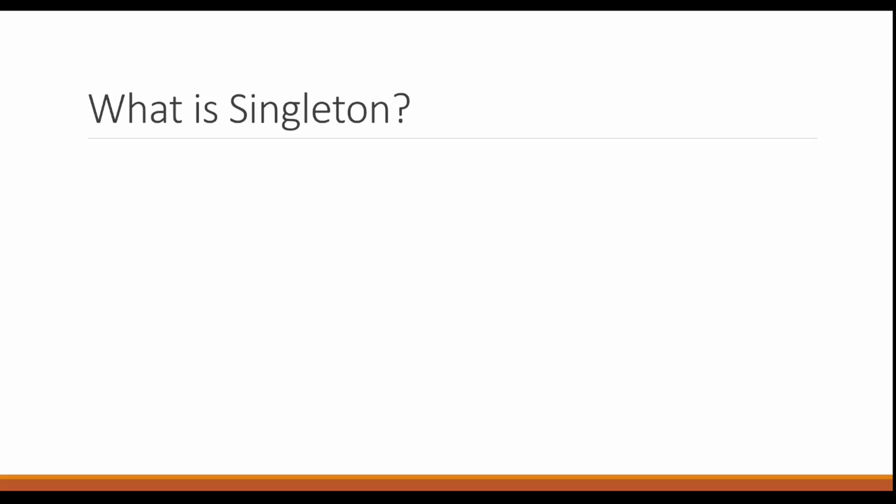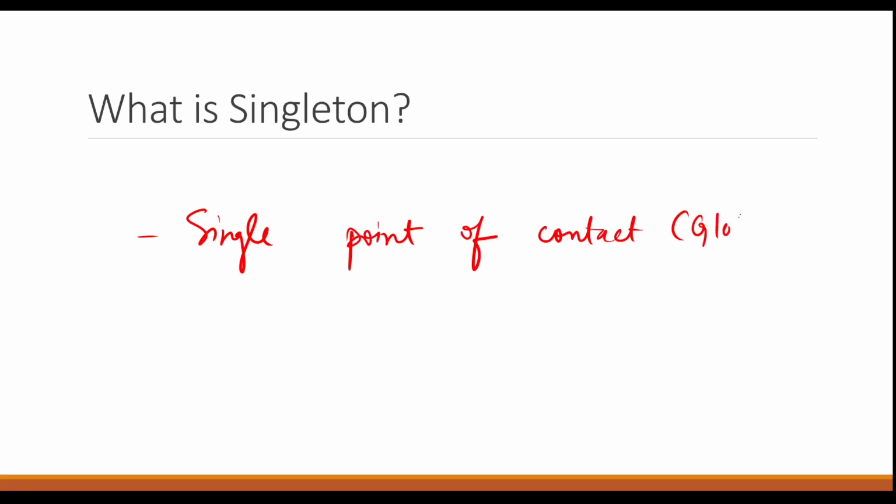So now that you know that the singleton pattern is a single point of contact, we can also name it global access. A singleton has to be available globally throughout your runtime. And the second one is that it is only instantiated one time.